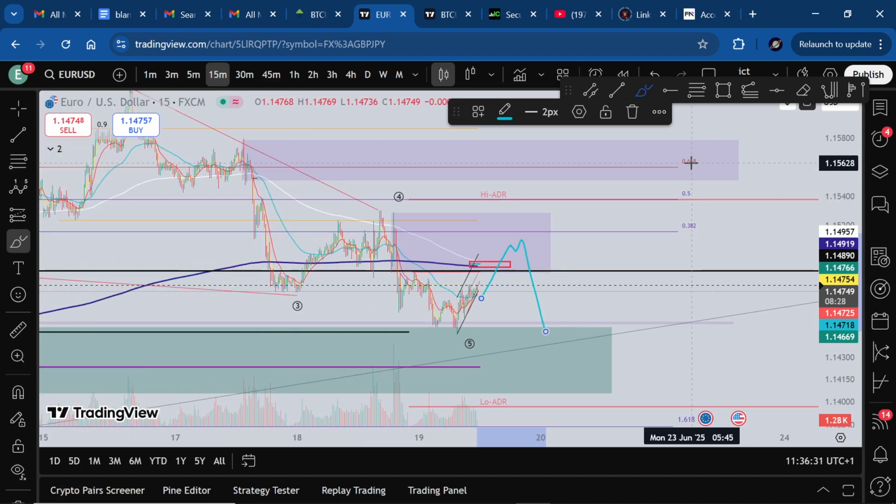This one is the ideal one. Okay, I'm not saying it's the most probable, I'm saying that it's the ideal one because we are looking to sell and you're safe for selling up here. Okay, I do not expect price to take out this high, but it could take out this high. Okay, a pull back into here into the 38%, and then some signs of distribution.